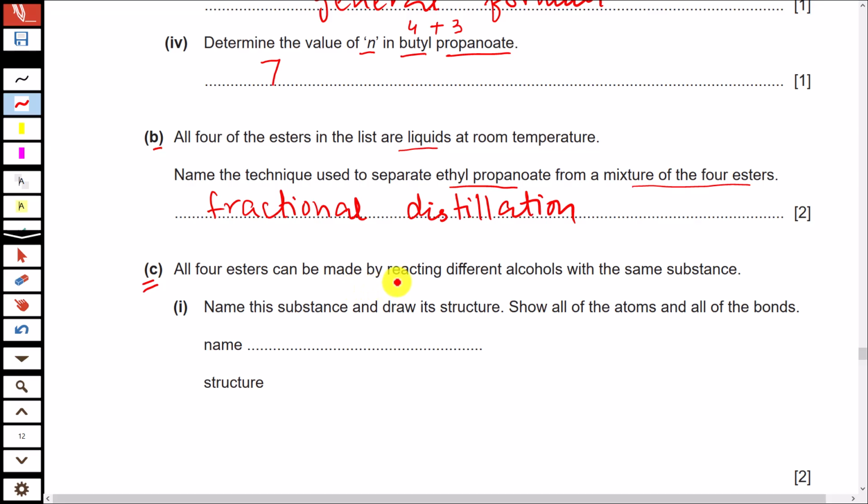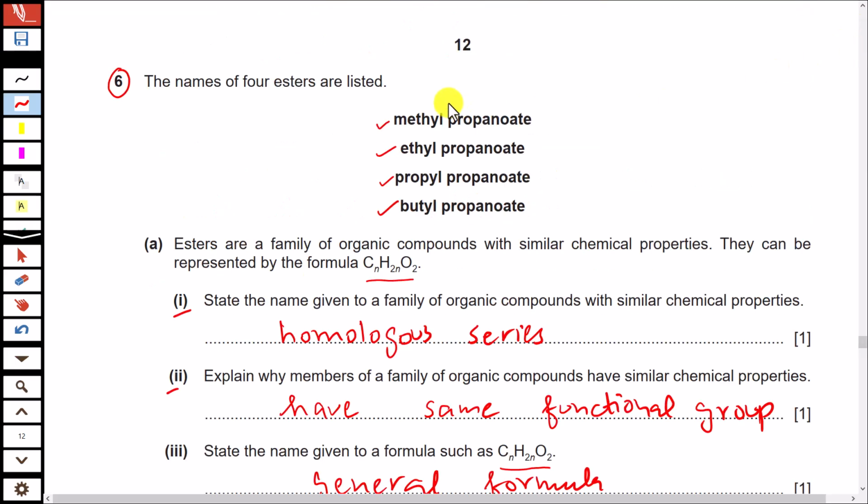All the 4 esters can be made by reacting different alcohols with the same substance. Name this substance and draw its structure. Basically, esters are formed by the reaction of an alcohol and a carboxylic acid. So we are using different alcohols, but the carboxylic acid is the same. If you look at the names of all these 4 esters, there comes propanoate, propanoate, propanoate, propanoate. It means the carboxylic acid reacting with the alcohol is propanoic acid.